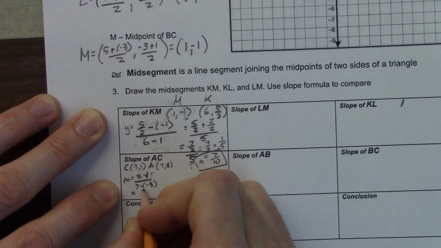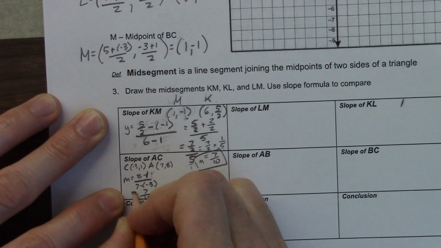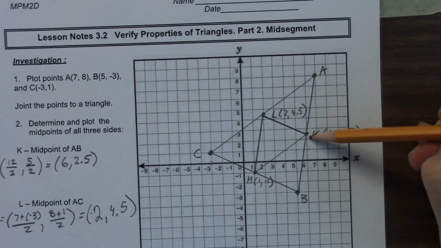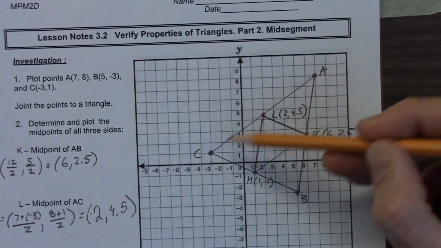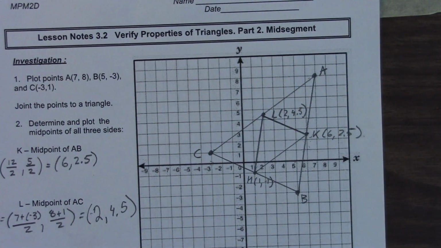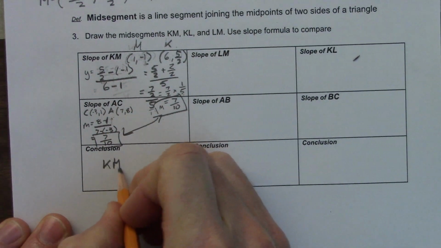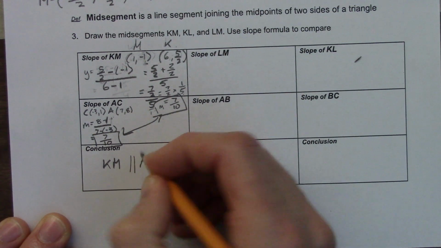So we get 7 over 7 plus 3 is 10. Oh, look at that. These two slopes are the same. So the slope of KM is equal to the slope of AC. Okay, so what is the conclusion here? KM is parallel to AC.